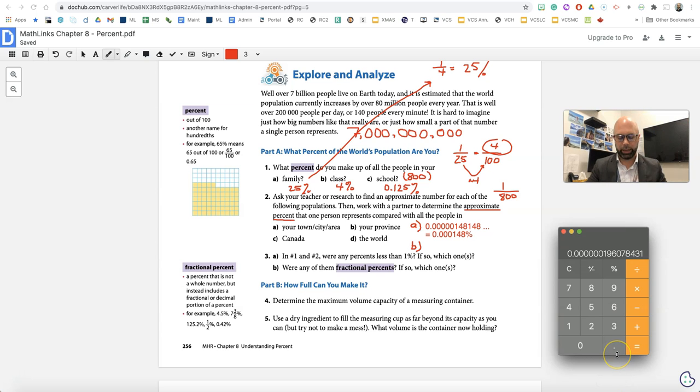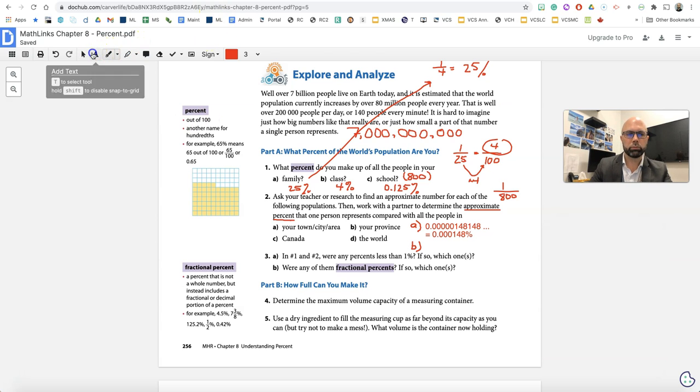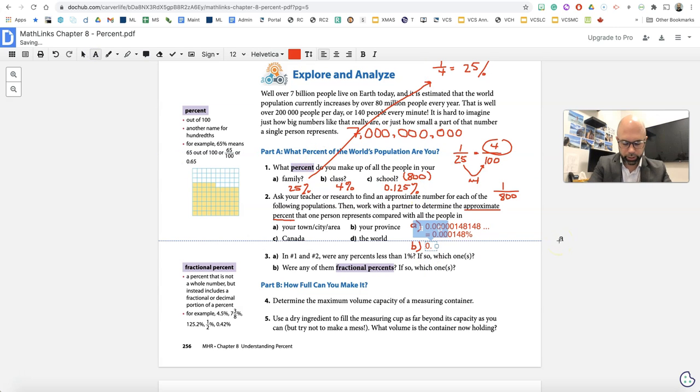Again, I'm going to do just as I did above. I'm going to write out the full number. Okay, so we've got 0.0000006 zeros, 196,078,431.